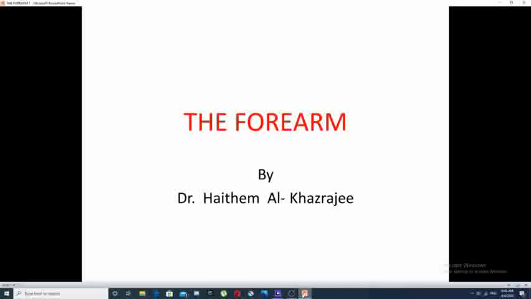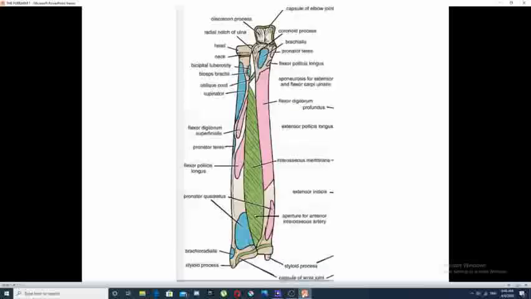Our topic today will be about the forearm. To start with, the forearm, anatomically speaking, is composed of two parts.